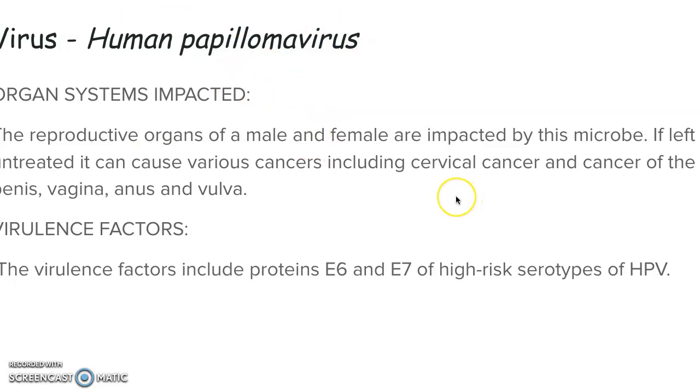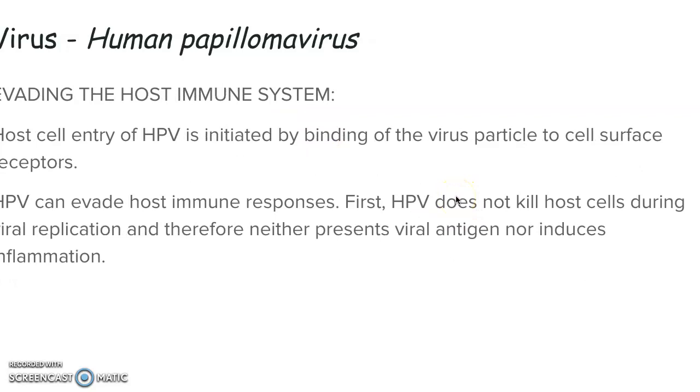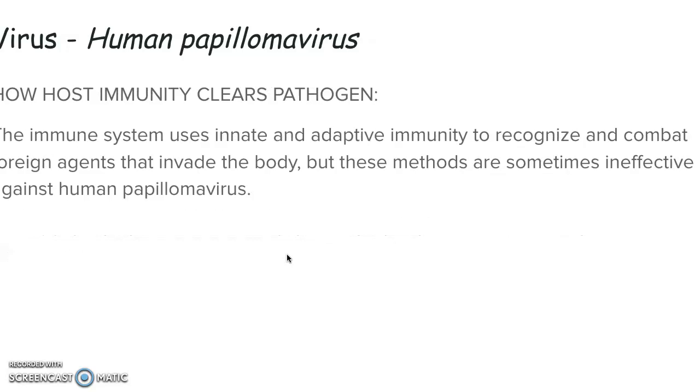So that's why it can cause cancer. Evading the host immune system: the host cell entry of the HPV is initiated by binding of the virus particle to the cell surface receptors. The HPV can evade host immune responses. HPV does not kill host cells during viral replication, and therefore neither presents viral antigen nor induces inflammation.